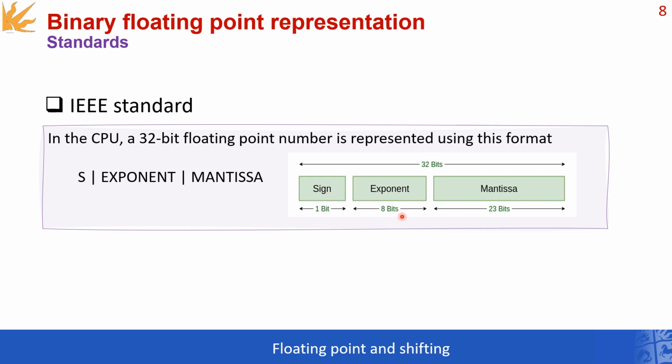The next 8 bits are used for the exponent, and the remaining 23 are used for the mantissa. So overall, we have 32 bits. Now at this point, I challenge you to pause the video and think what is the range of numbers according to the standard.